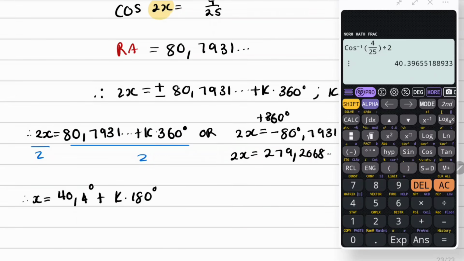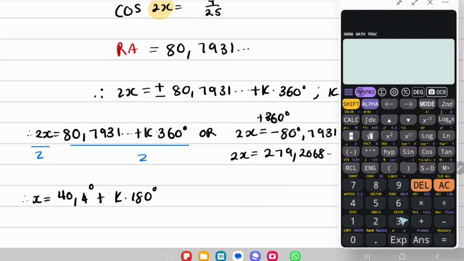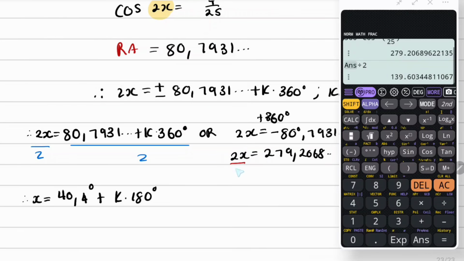Second solution, you need to get that back. So you can get it back by saying 360 degrees minus this 80 point, but you got that by saying shift cos of 4 over 25. So you can just do that. That is back again. Now that you have that answer, you can say is equal to, and then divide by 2, because you need to solve for x by dividing both sides by 2. So divide by 2, divide by 2. And so it means that x is equal to 139.6, or 60 degrees.